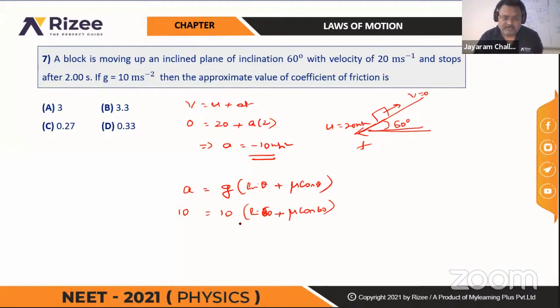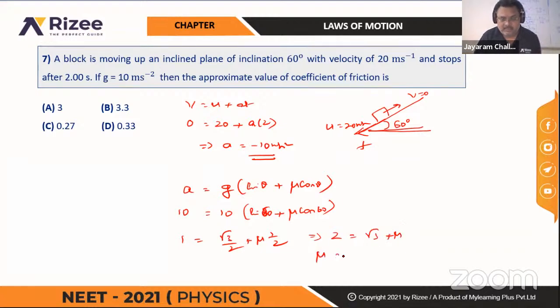So on solving this equation, 1 is equal to root 3 by 2 plus mu times 1 by 2. If I take the LCM, it will be 2 is equal to root 3 plus mu. So we just need to solve that.